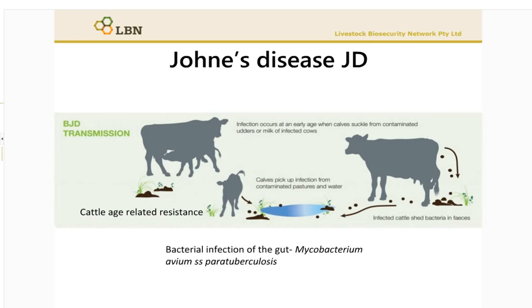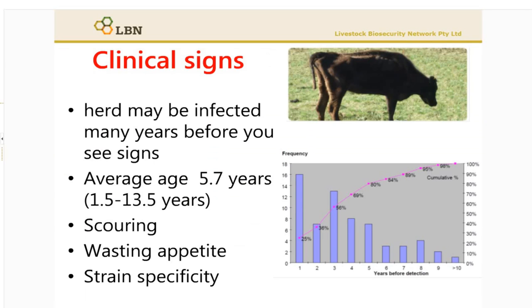One of the things we've got to remember with bovine Johne's disease is that herds can be infected for many years before you see any signs. When we looked at how long it took to detect disease after animals came into a herd, it was an average of about 3 to 4 years.